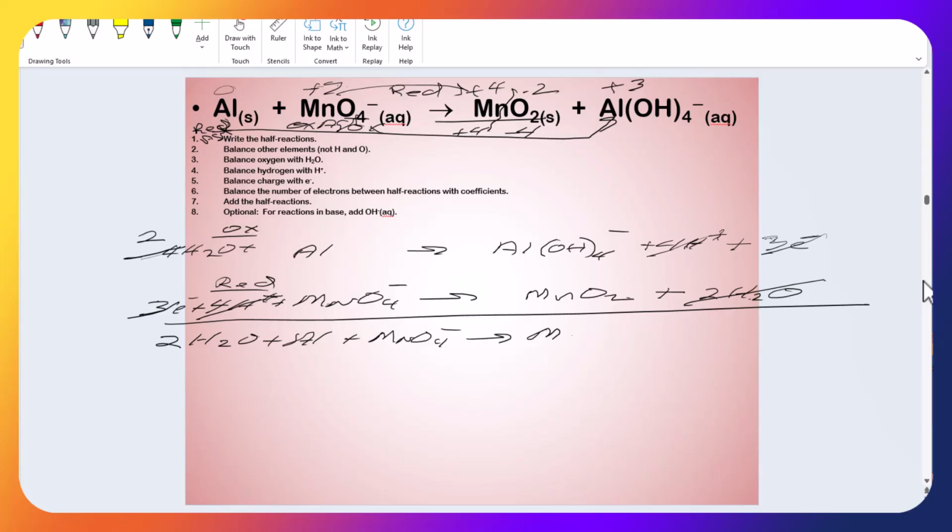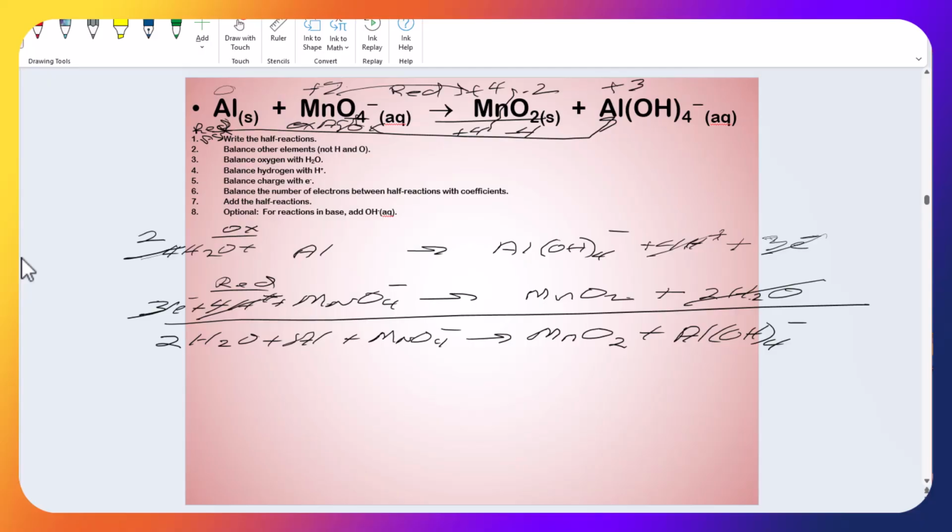And that gives me this manganese dioxide, plus what is left, the tetrahydroxy aluminum.